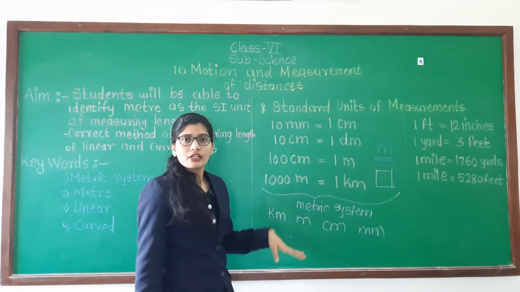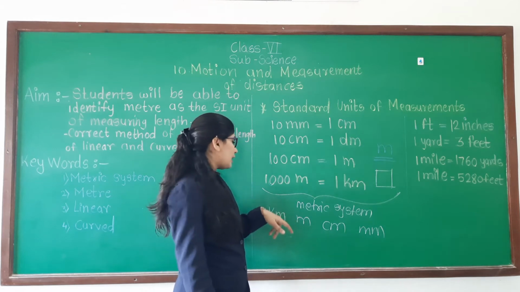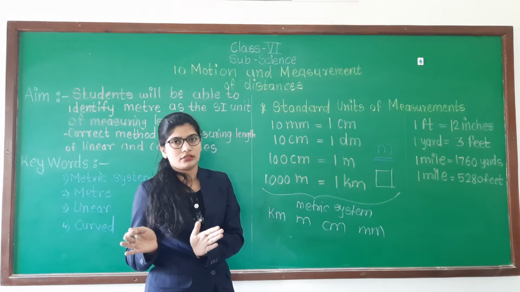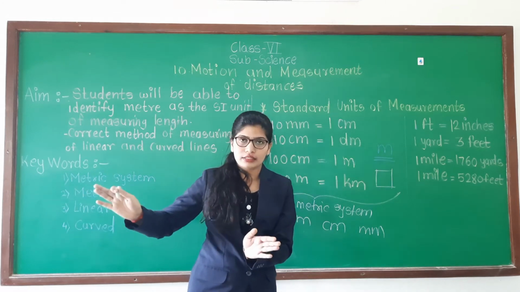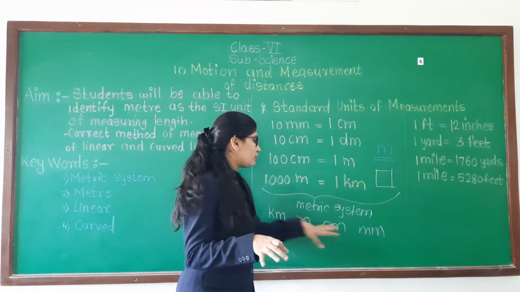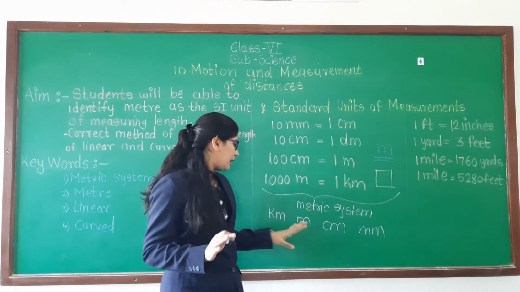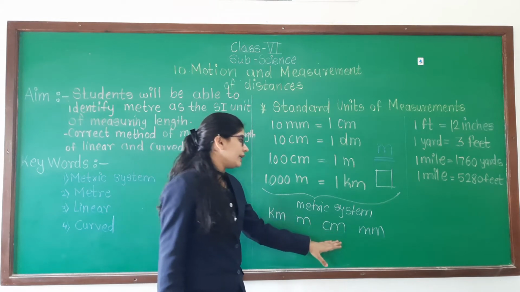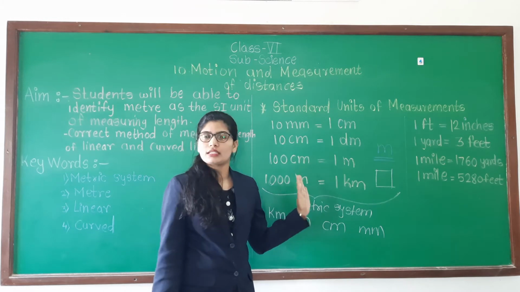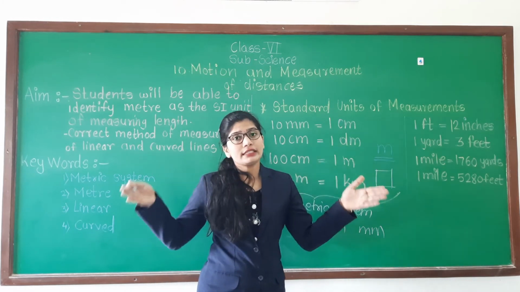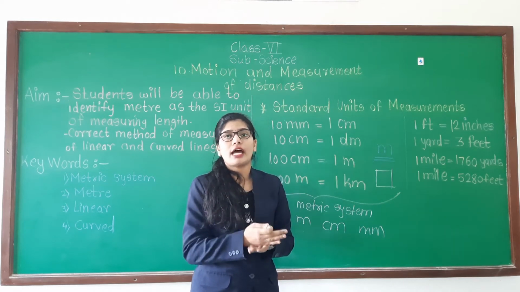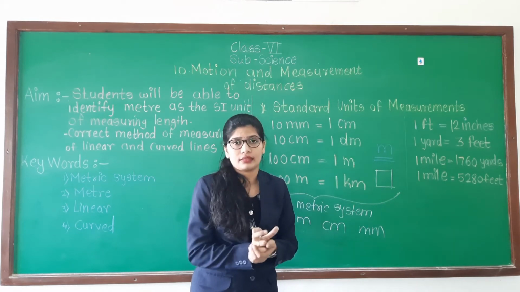The larger unit of length is kilometer, then meter, centimeter and millimeter. Other units are there, but for now, these 4 units are enough. So this is known as the metric system. According to your distance, you have to identify the unit of that length.